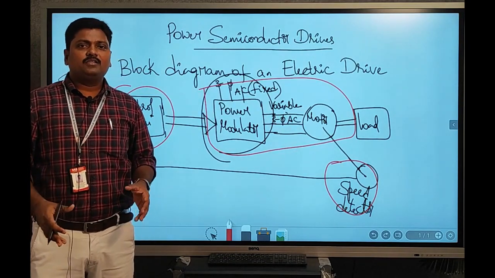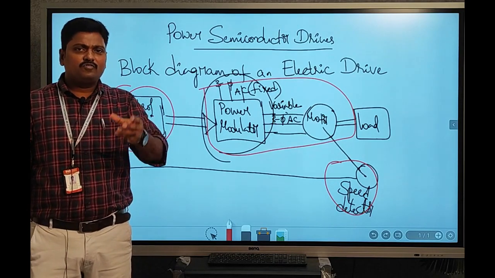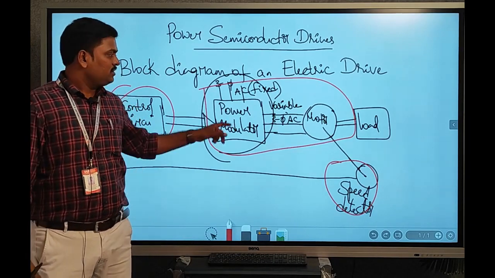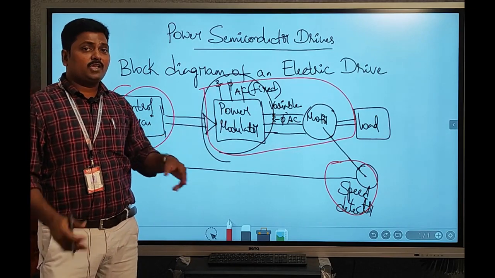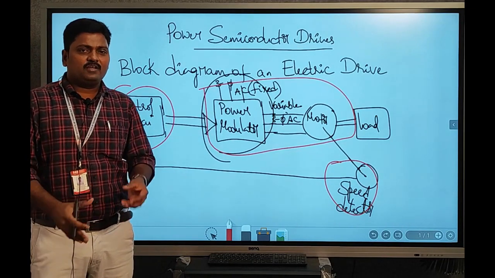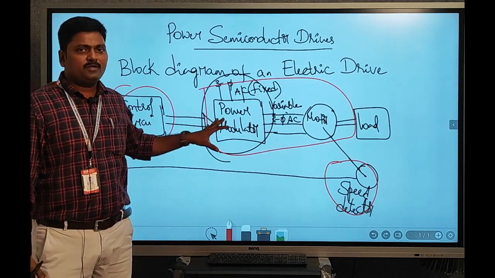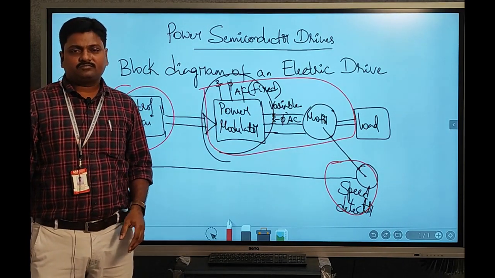They could carry 3 to 4 times their rated full load current for a few cycles. But the power semiconductor switches inside the power converter cannot handle such high current even for a few cycles. So the most sensitive part of the entire power electric drive is the power converter.